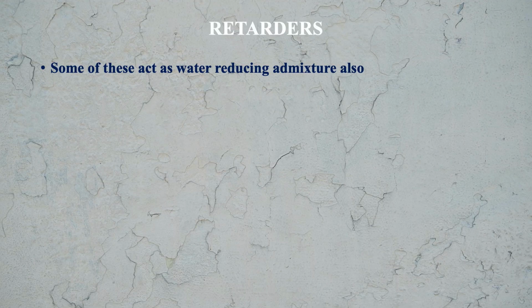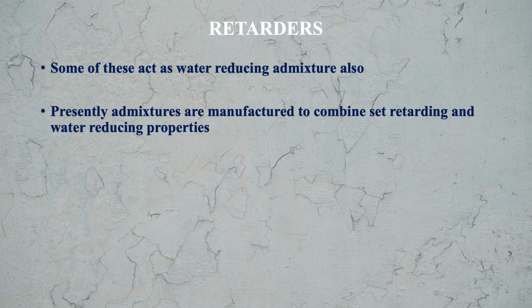Some of these materials act as water reducing admixtures also. Means they can reduce the water required for making the concrete. Presently, admixtures are manufactured to combine retarding and water reducing properties.